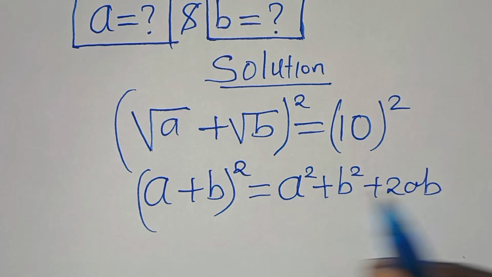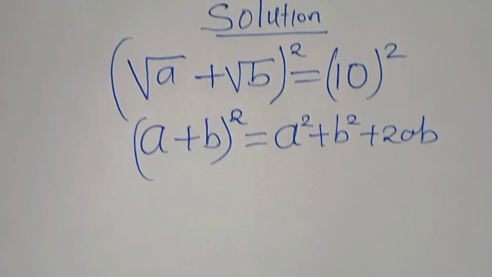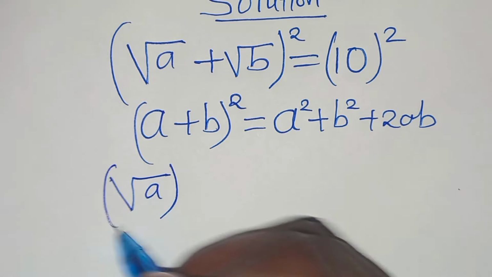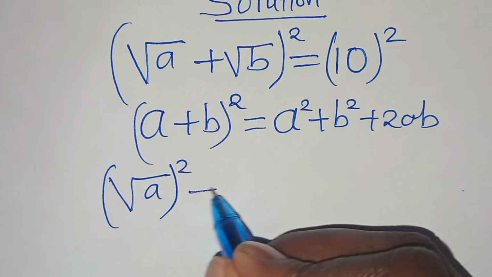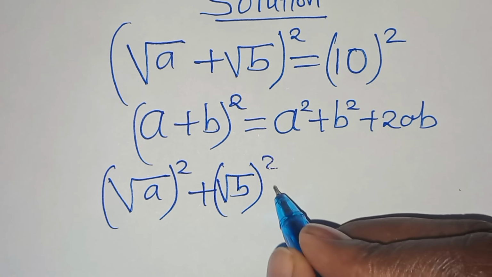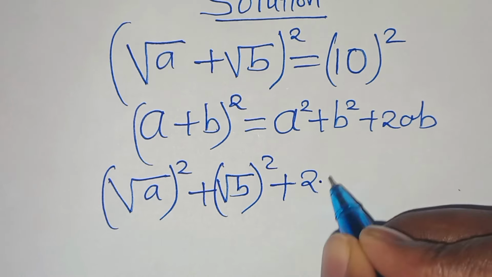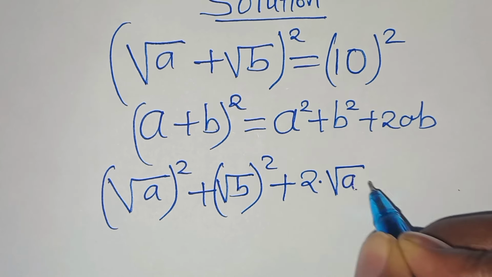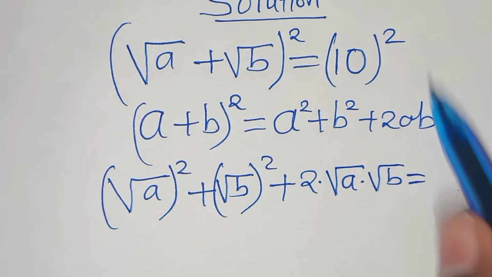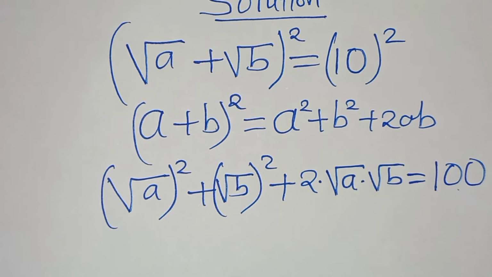So let's apply this algebraic identity so that now we have square root of a raised to the power of 2 plus square root of b raised to the power of 2, then plus 2 times square root of a times square root of b. This is equal to 10 squared, which is 100.